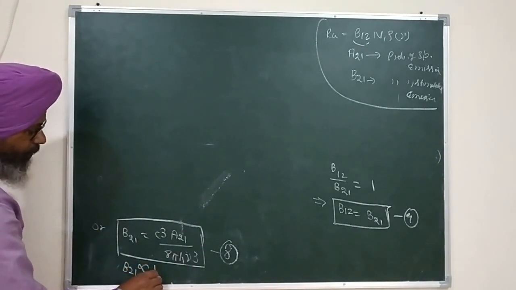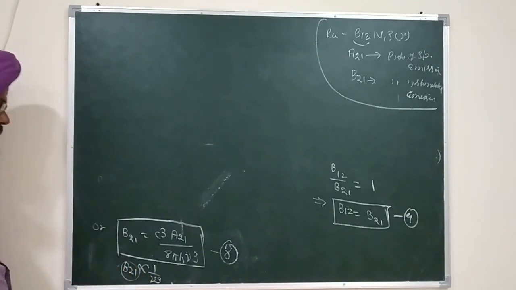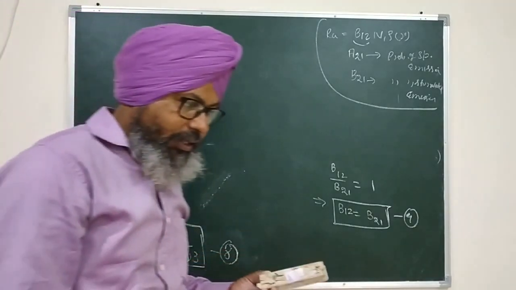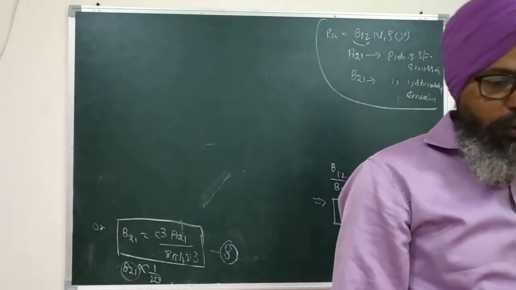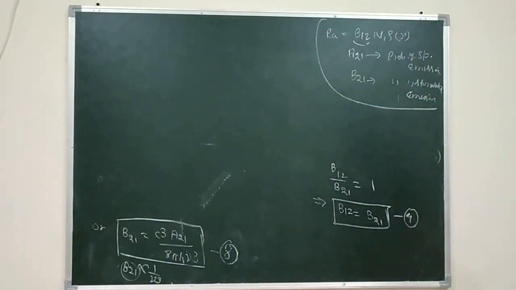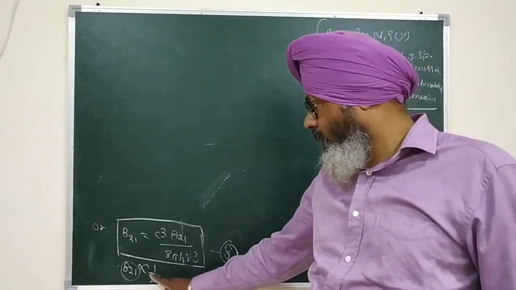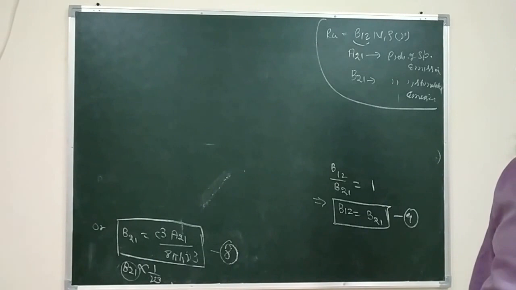If we see equation number 8, we see that B21 is inversely proportional to nu cubed. Now we know that B21 is the probability of stimulated emission and nu is the frequency. This tells us that a given material will have more probability of stimulated emission for smaller frequencies, and as the frequency increases, the probability of stimulated emission will decrease.